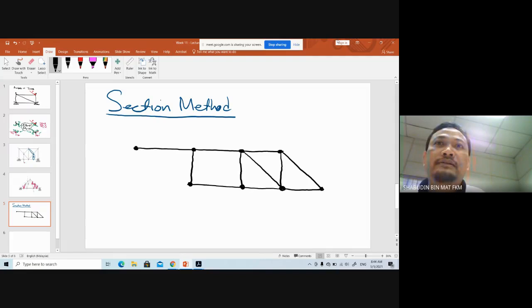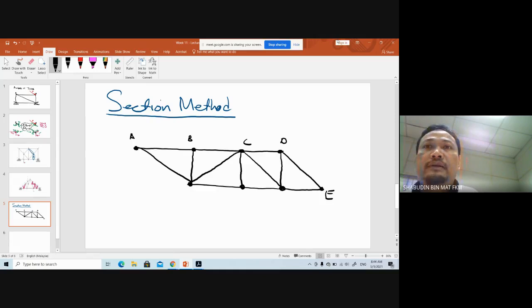Very complicated structure, like a bridge. Let's say this is point A, this is point B, this is point C, this is point D, this is point E, this is point F, this is point G, this is point H.